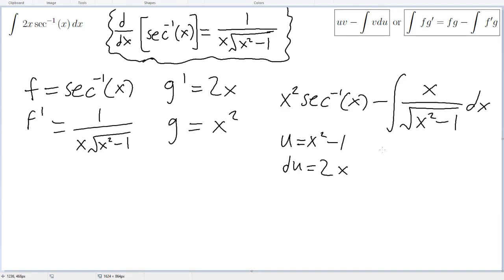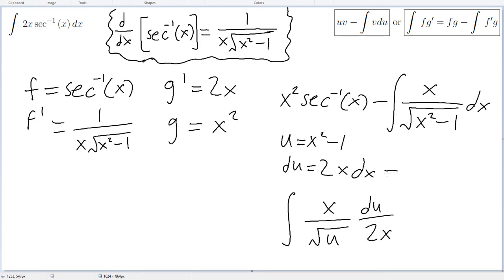So we have root u here, and then dx. Technically du over 2x is equal to dx, right?